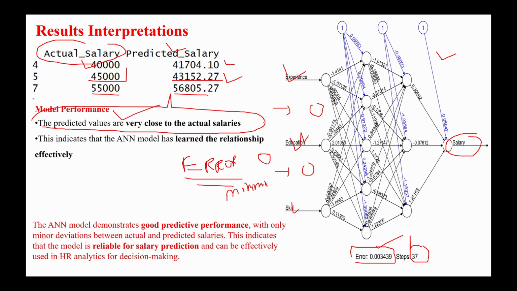So this indicates that the model is reliable, and salary prediction can be effectively helpful for HR analytics in decision making. Once you create a model, you can create a chatbot, and you give the data and automatically get the output. What data will be given? Experience in years, education such as UG, PG, PhD or master's, and technical skill.